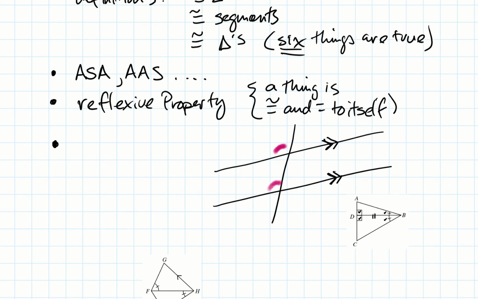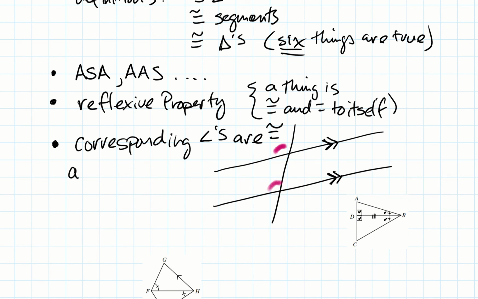So if 2 parallel lines are cut by a transversal, then all of the corresponding angles are congruent, right? If 2 parallel lines are cut by a transversal, corresponding angles are congruent.